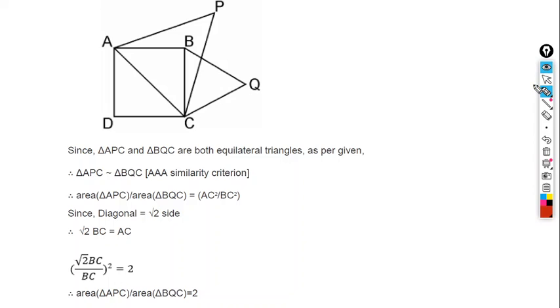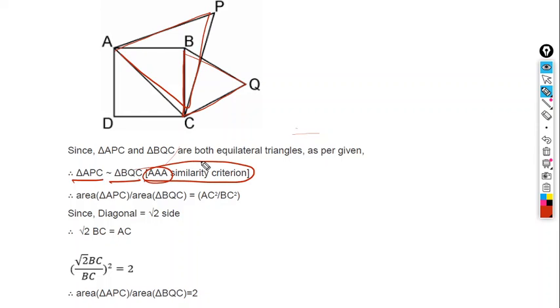Okay. Since triangle APC and triangle BQC are equilateral triangles, they must be similar, isn't it? Because all the angles of equilateral triangles are equal. Therefore, triangle APC and triangle BQC are similar, and the criterion of similarity is angle, angle, angle.